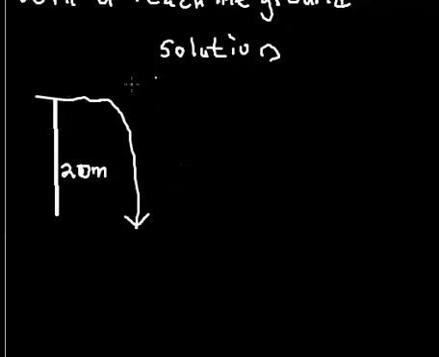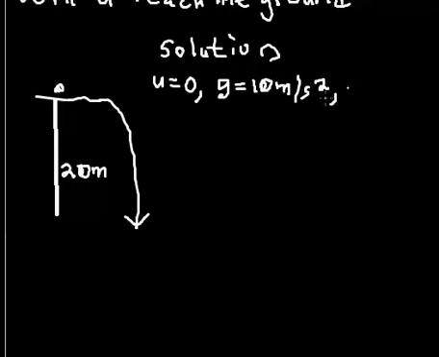From the height where this object is being projected from, the initial velocity is equal to 0, so please take note of that. Our g still remains a parameter we should not ignore. As far as motion under gravity is concerned, g cannot be ignored. And h is 20 meters.